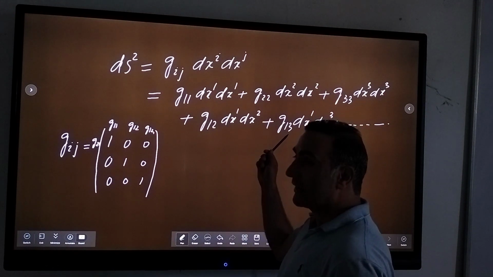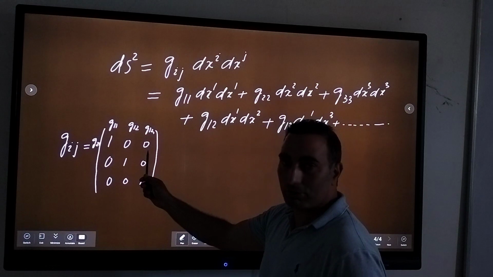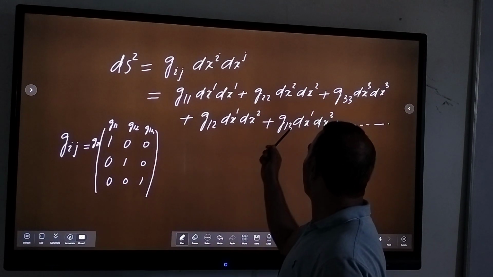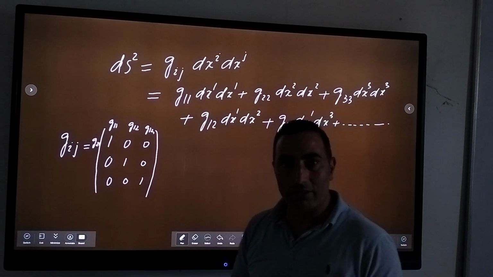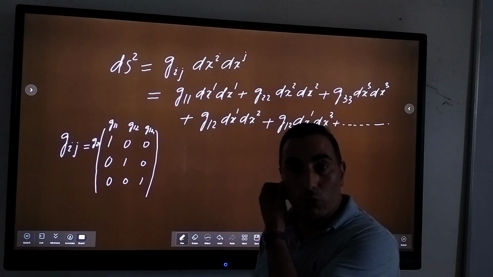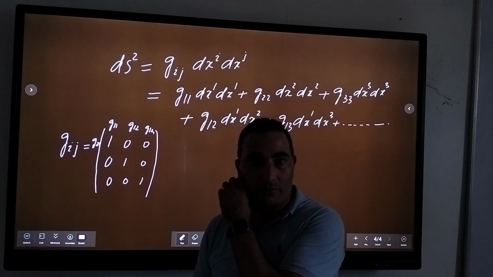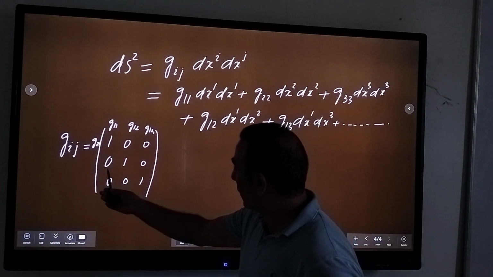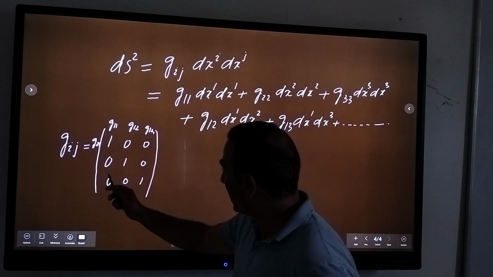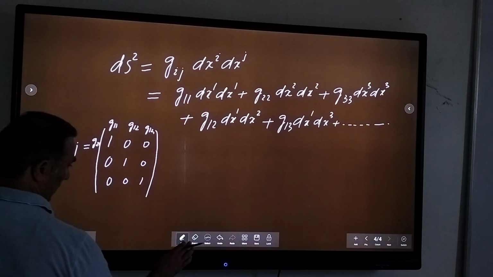Similarly, if you write g13, g13 is this term, which is also 0, so 0 multiplied by this term will be 0. Similarly for any off diagonal term.